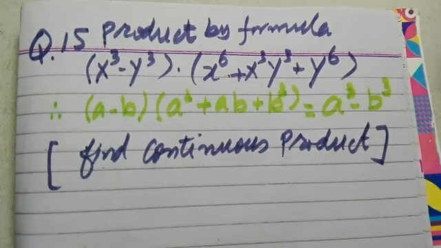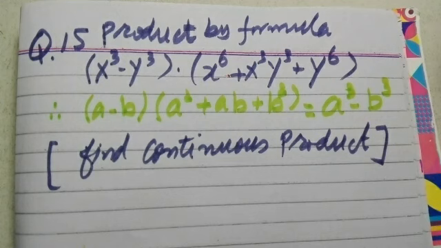I just want to write it because the objective of the question is to utilize the formula to get the product, or the multiplication, of two brackets. We do not need to get the multiplication of two brackets directly as we usually do. We have to use a formula to find the product.